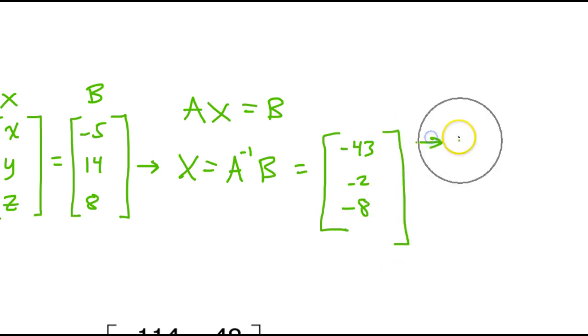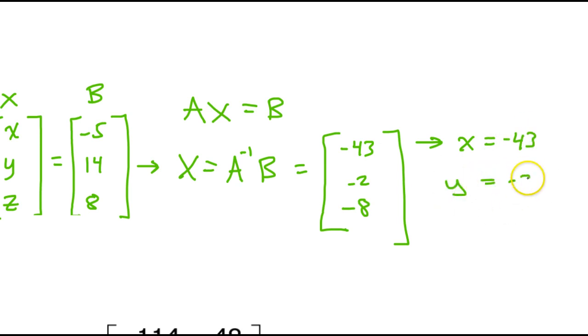So that means, of course, that x is equal to -43, y is equal to -2, and z is equal to -8.